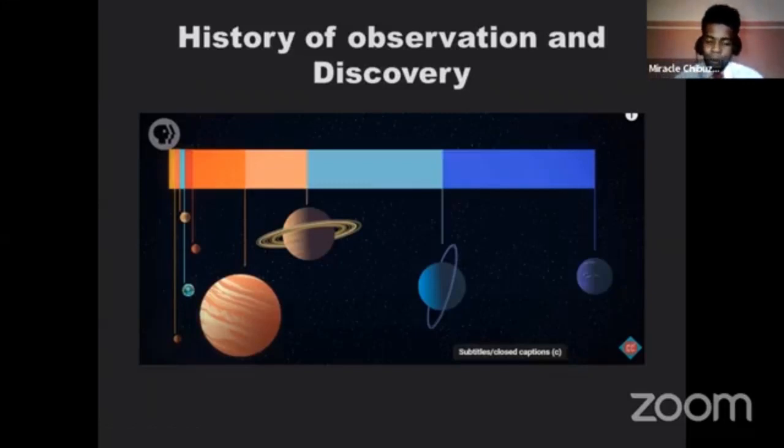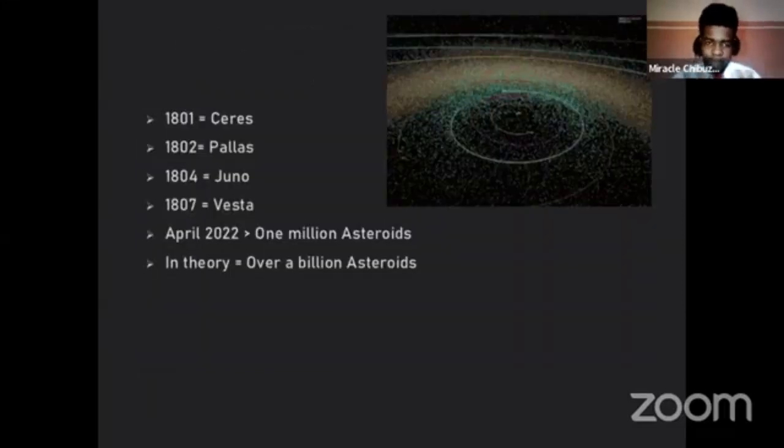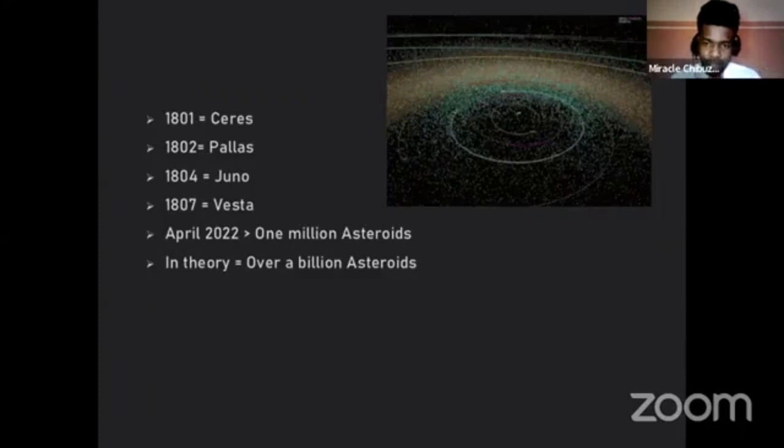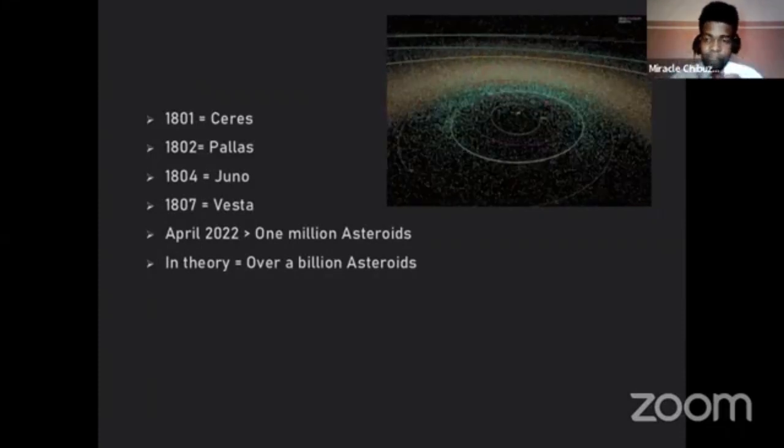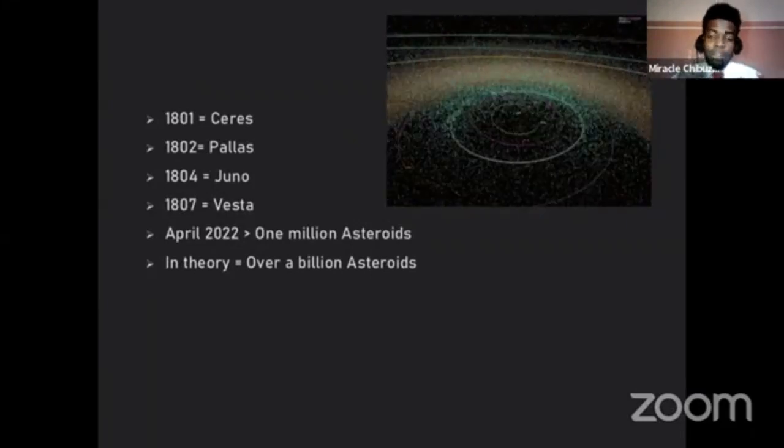So in 1801, Ceres was discovered. That is the first asteroid. Ceres has become the largest asteroid that we know, and also the largest dwarf planet that we know. So Ceres is an asteroid.